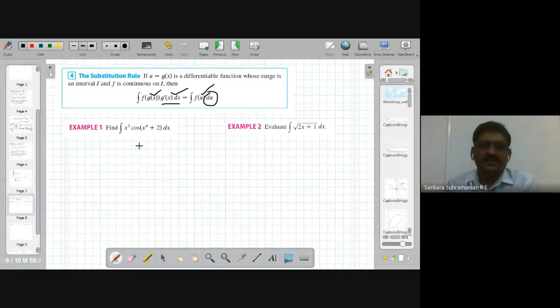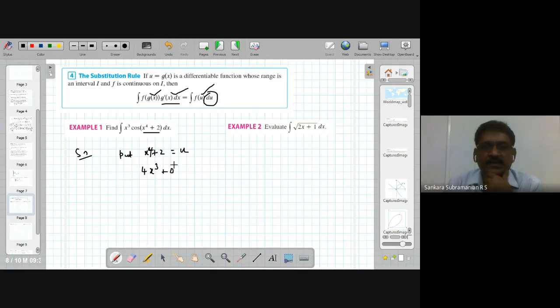Let me try to do the problem. Using the substitution, I put x power 4 plus 2 equal to u. If I do that, differentiating this, I get 4x cube plus 0 into dx equal to du.